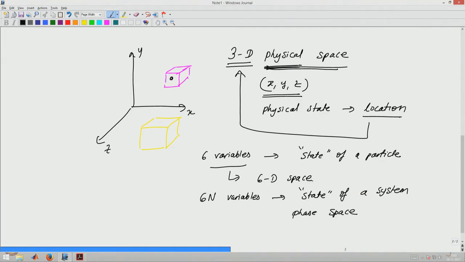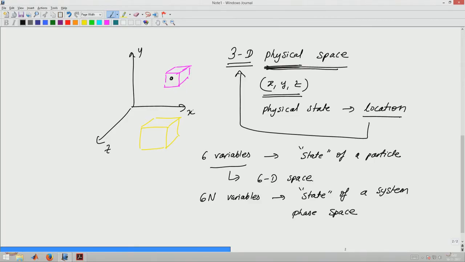So, at this point what is helpful for us to know is the following, that to specify position we require only 3 variables. When we are trying to specify state of a system we require 6n variables, and unless we are able to specify the 6n variables we cannot specify the state of the system.